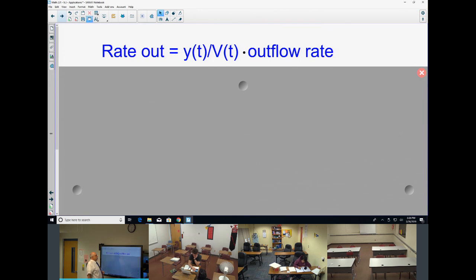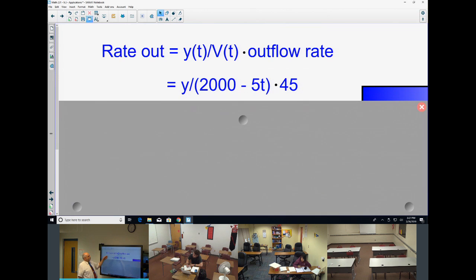All right, so the rate out. In general, y of t is how much of the additive is in the whole volume, times the outflow rate. That's how fast we're pumping out the additive.